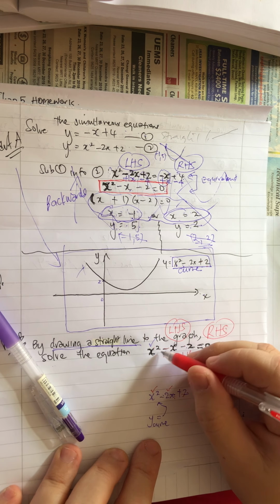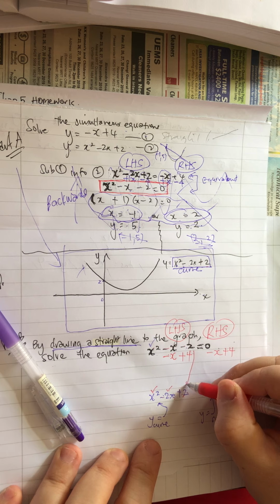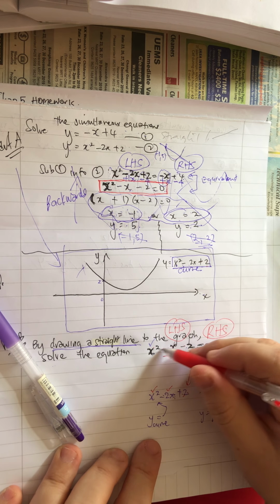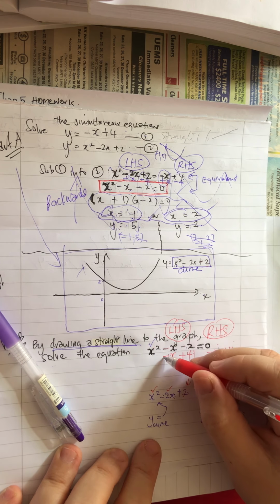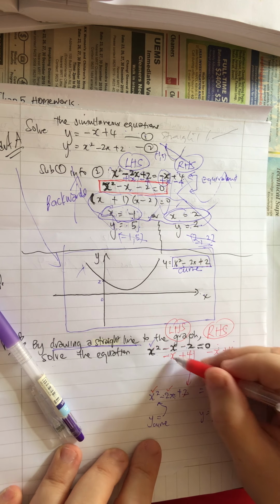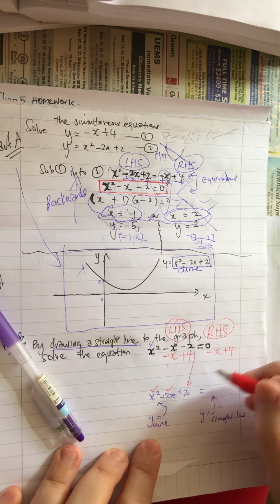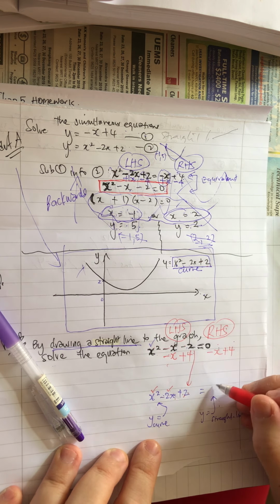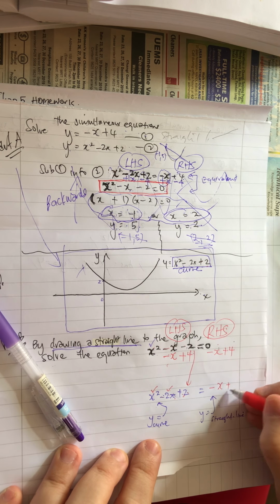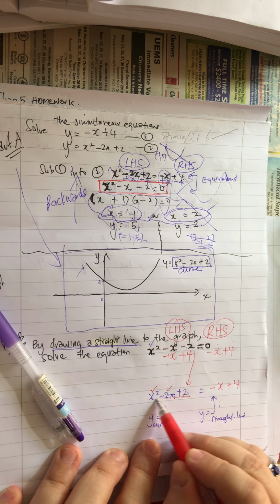Now we are very happy because this whole equation, by adding minus x plus 4 on both sides of the equation, I have gotten this curve.